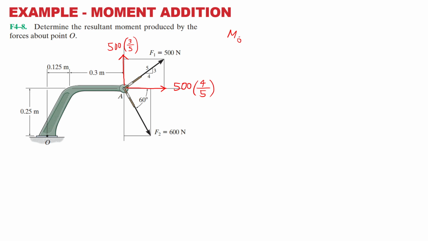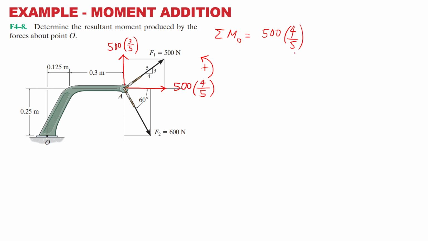So moment at O, summation of moment. Look at 500. It rotates this way, positive. So 500 times 4 over 5 times distance.